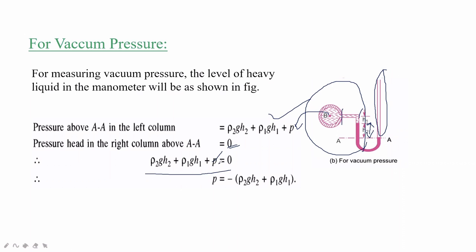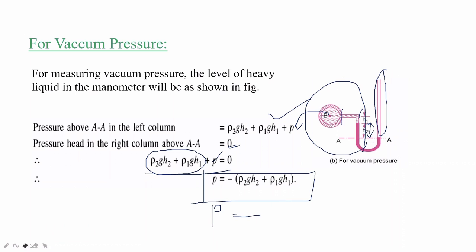So P is equal to minus rho 2 g h2 minus rho 1 g h1, since both are positive values. According to the situation in the problem, we will solve it. When I do an example problem, you will get to understand.